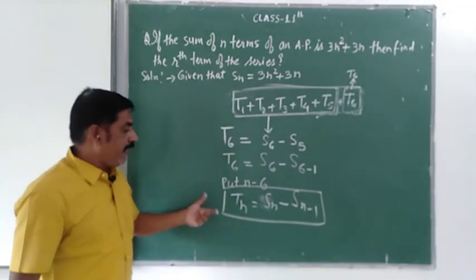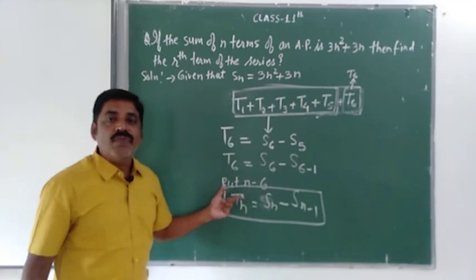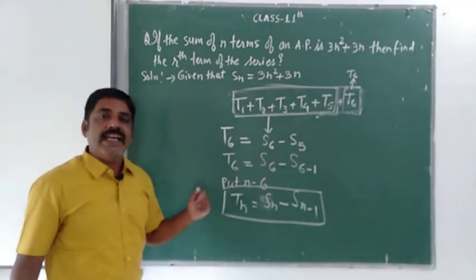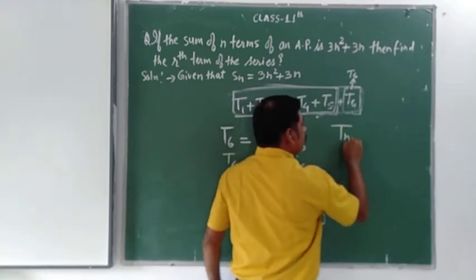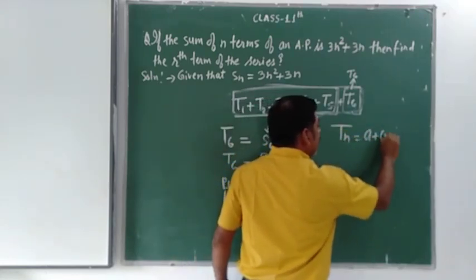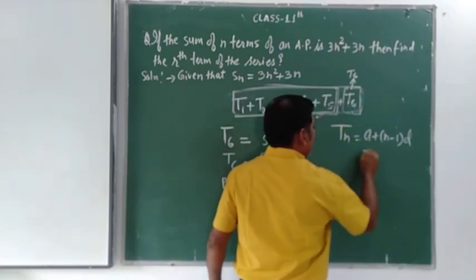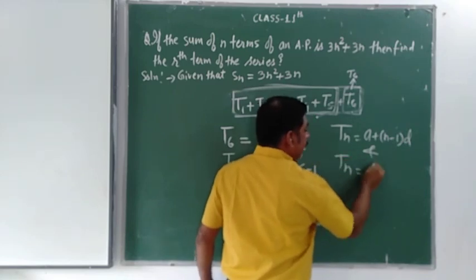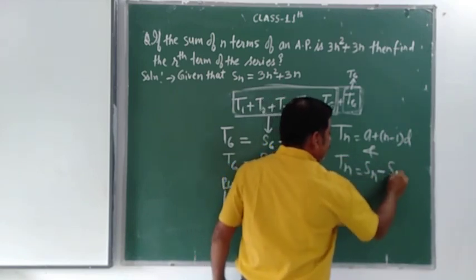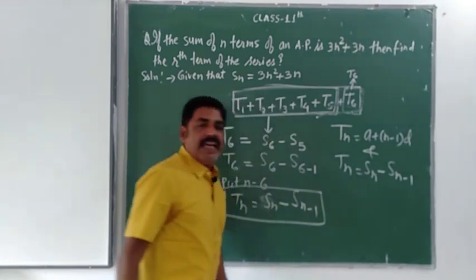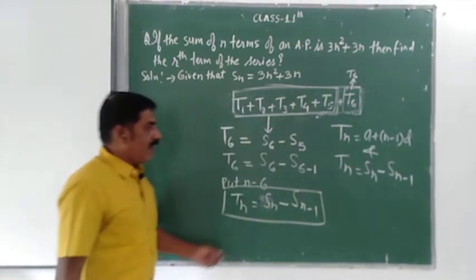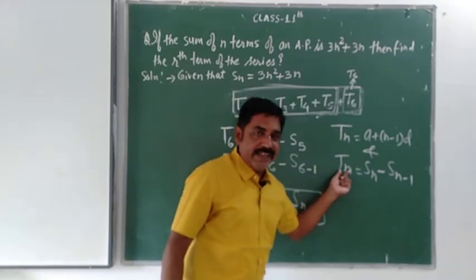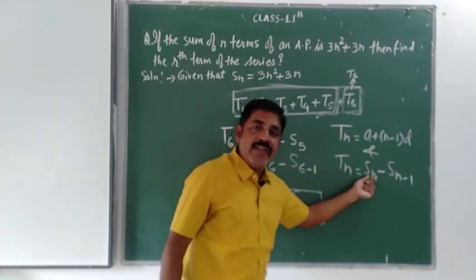So today we saw a new formula to find the nth term. Now the nth term Tn is equal to a plus n minus 1 into d, and the nth term Tn is also equal to Sn minus Sn minus 1. क्लियर? तो बेटा ये nth टर्म फाइंड करने का दूसरा फॉर्मूला हो गया.